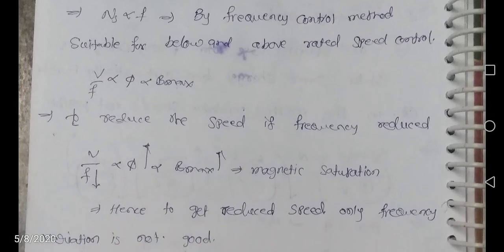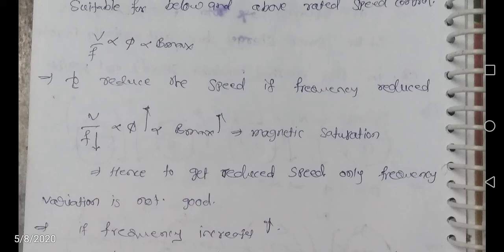To reduce the speed, if frequency is reduced, flux is increasing and B maximum value is increasing. When there is an increase in flux, magnetic saturation will occur.